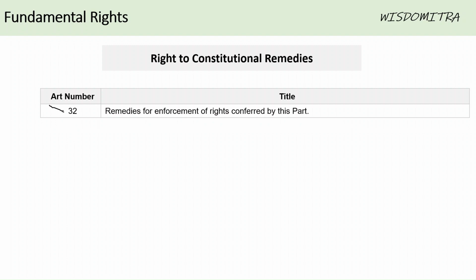Right to constitutional remedies. This is Article 32. About this article, Dr. B.R. Ambedkar has said that this is the heart and soul of the Constitution. This is really important.